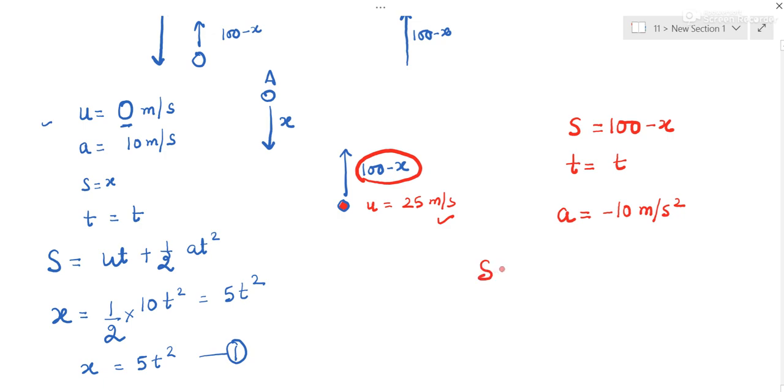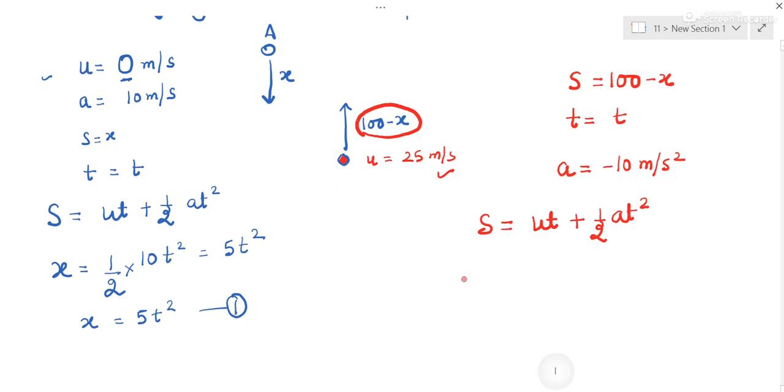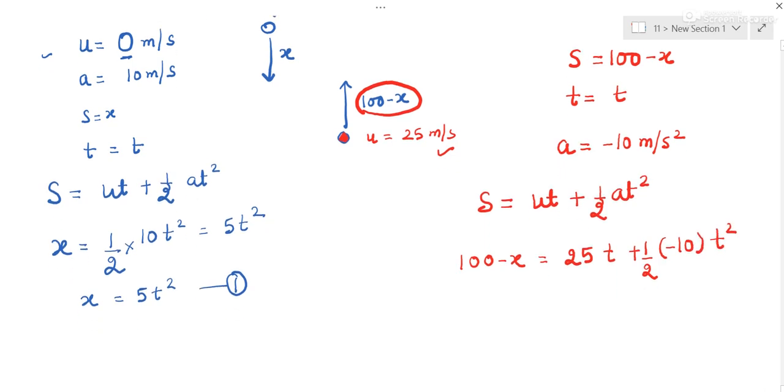Use again the second equation of motion for the second stone. So what is the distance? 100 minus x. What is u? 25. T is t. Plus half. A is minus 10. And t is t, so t square as it is.